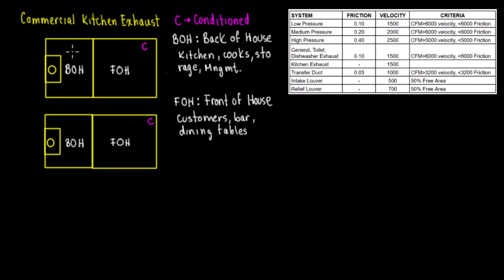But now there's an issue with the back of house, because since you are cooking in the back of the house, you're going to be cooking all your meals. You have to exhaust everything in there, so you have a kitchen exhaust. This is going to be my kitchen hood.